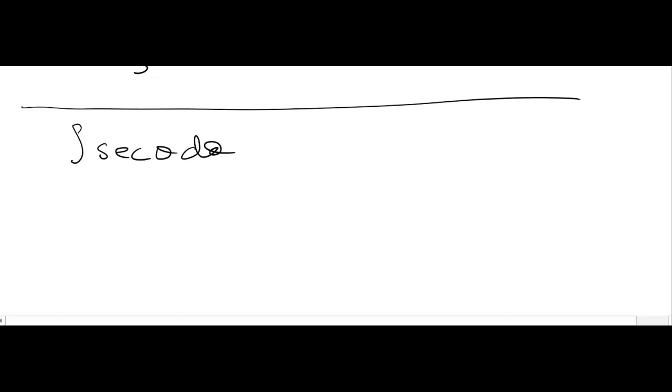Here's the thing. If I had a secant squared, the integral of secant squared is just tan, right? If I had a secant times tangent, that's fine because the integral of secant tangent is then secant, right? So we have some relationships here.